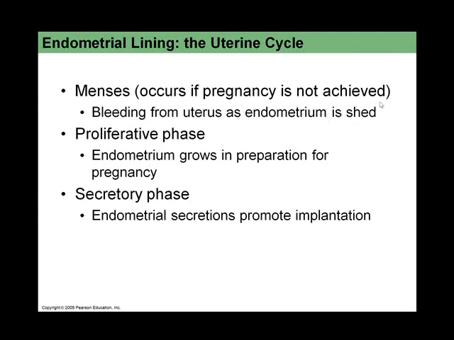Bleeding from the uterus as endometrium is shed. So the endometrial lining is shed, and some of the blood that is contained within it. The endometrial cells themselves have a similar color to blood cells.